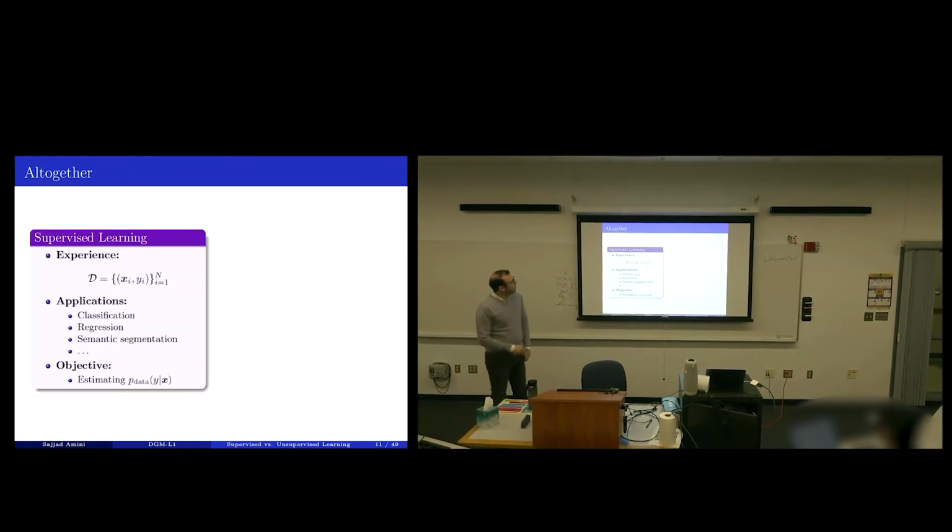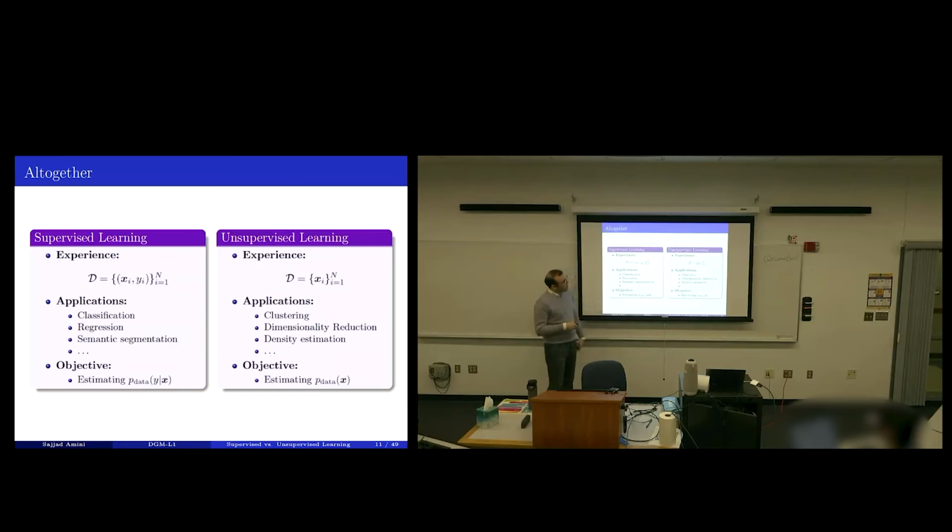Okay, altogether, in supervised learning, we have two types, the input and the output. The applications are classification, regression, semantic segmentation, and other applications. And your objective is to estimate the true probability distribution over data. And in unsupervised learning, you have a data set like this, where we do not have an output for each input.